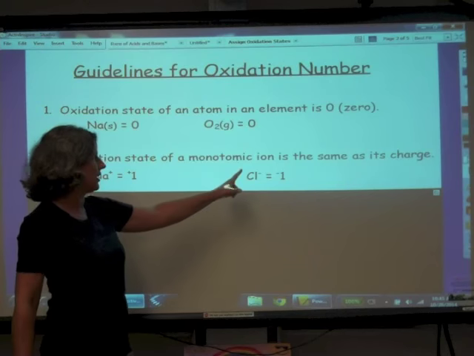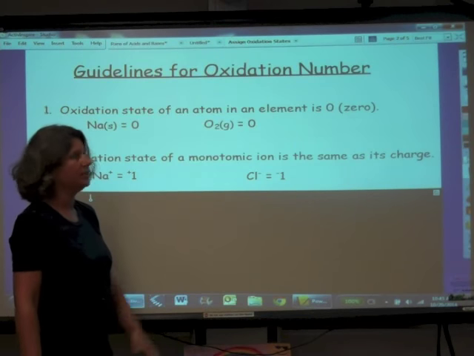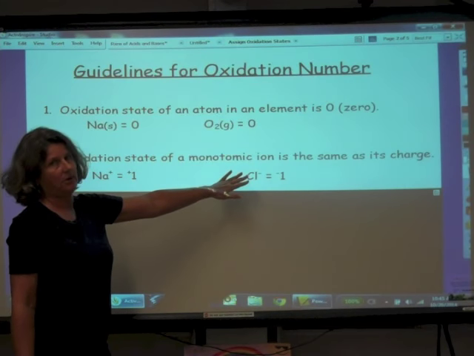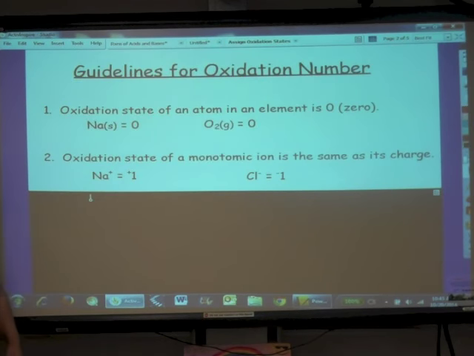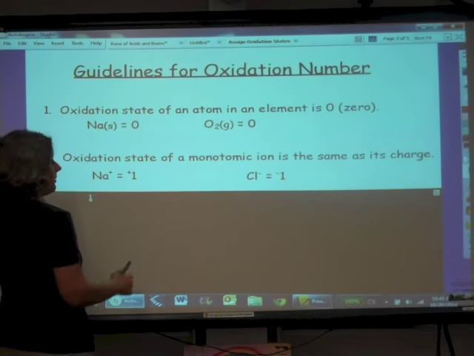Monatomic, made up of just one atom, okay? Chloride ion has an oxidation state of -1. So ionic charges and oxidation states are identical for monatomic ions.